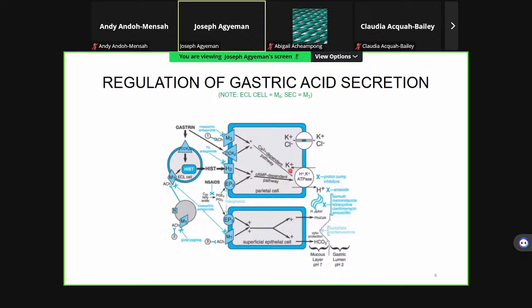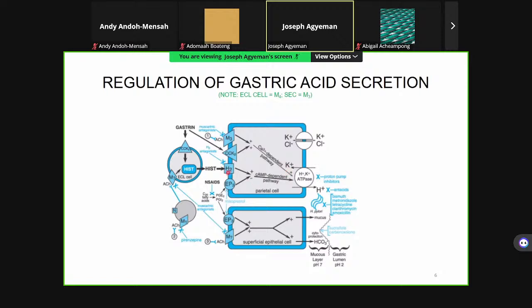So, three main pathways of acid secretion. The first two: the muscarinic pathway, acetylcholine activating the muscarinic M3 receptor, and then gastrin attacking the cholecystokinin 2 receptor. Both pathways are calcium dependent, and in the presence of calcium, the hydrogen potassium ATPase is activated and hydrogen is released and potassium comes in.